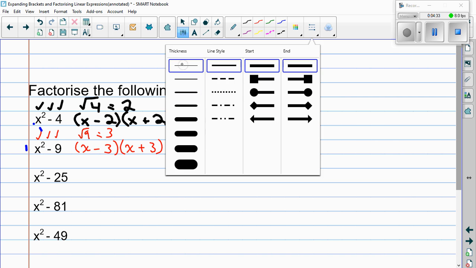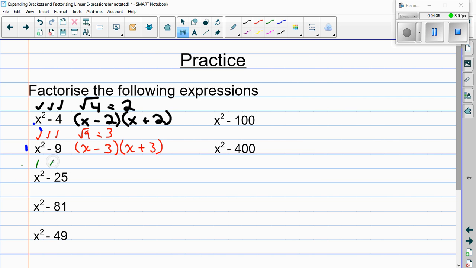Next one, let's look through, x squared minus number. So we take the square root of our 25, which is 5, and then we can do x plus that number, which is 5. So then we do x minus that number, so we get x minus 5.